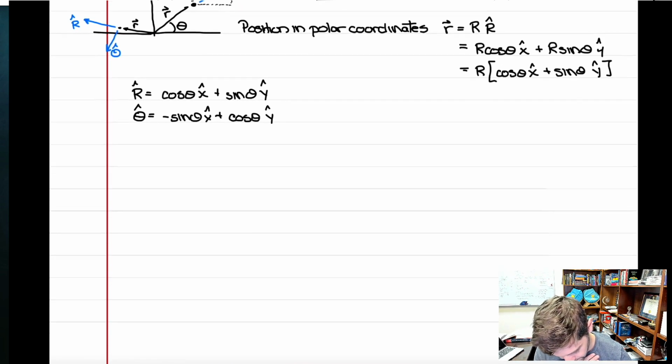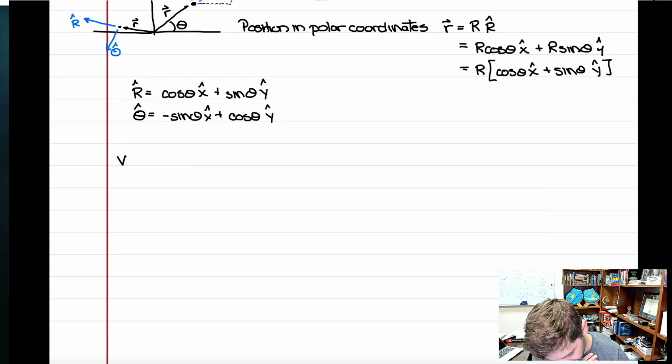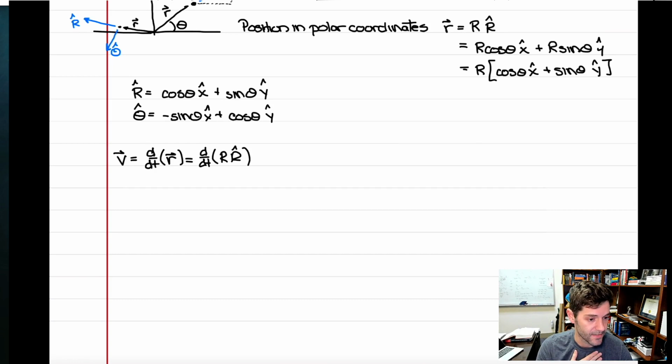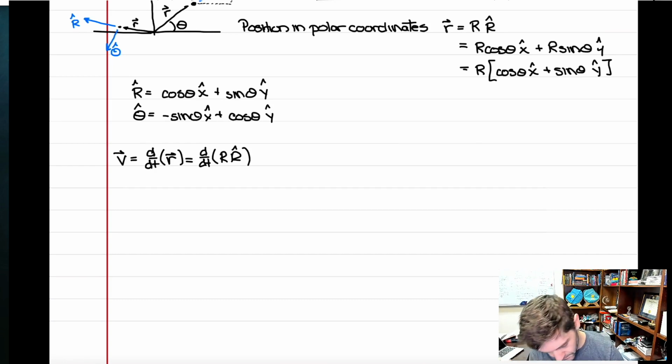Let's try it out. I want to define velocity in polar coordinates, which again I'm going to define as the time derivative of position, which in polar coordinates is r r hat. That is my position vector in polar coordinates. By the product rule, I'm going back to the dot notation now.